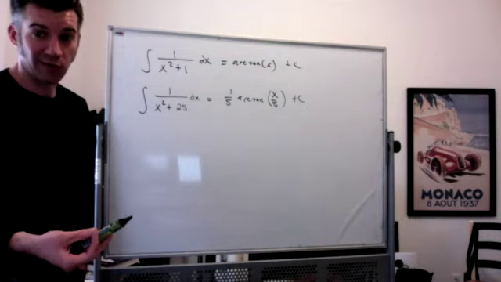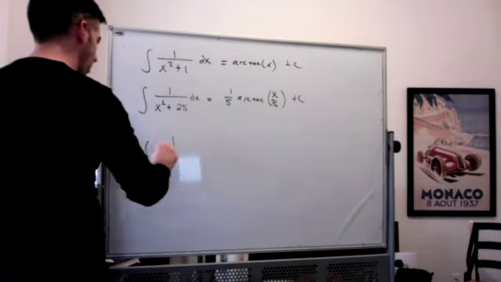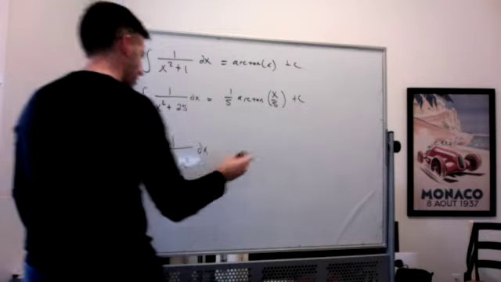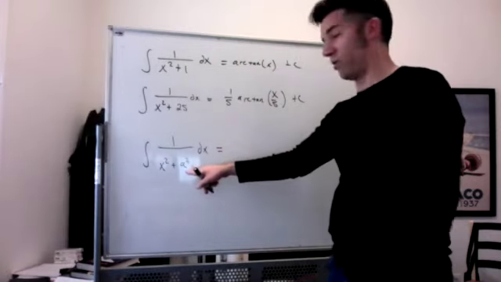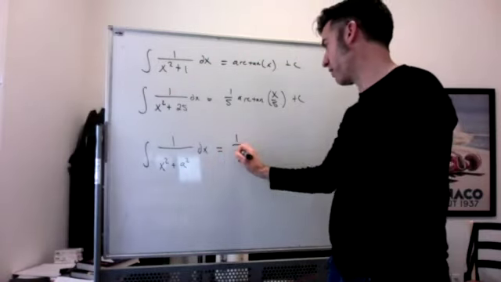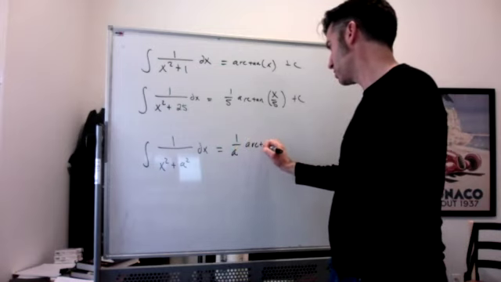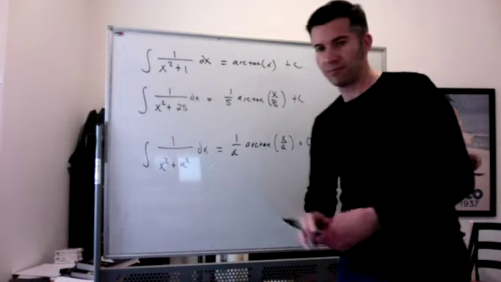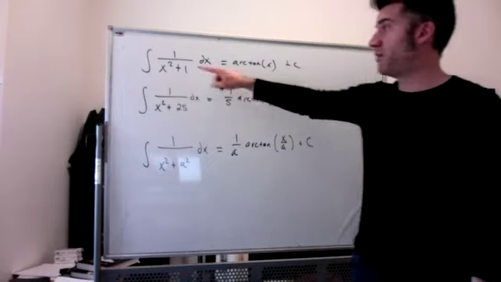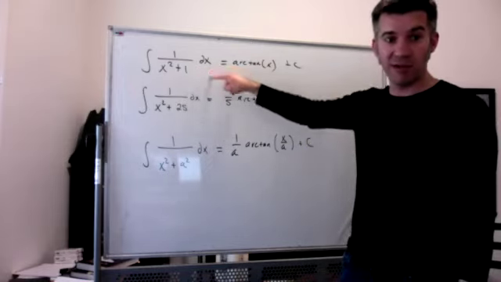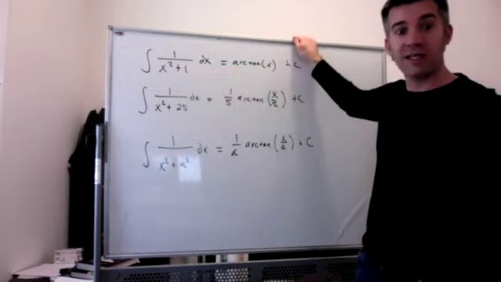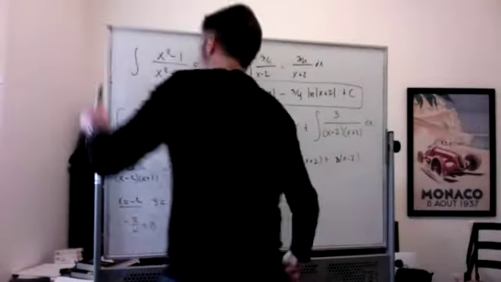Or more generally, if you're integrating 1 over x squared plus a squared, it's 1 over a arctangent of x over a. So if this sort of thing pops up in your integral, then you have to remember that its integral is this. So let's look at an example of a partial fraction where that's going to happen.